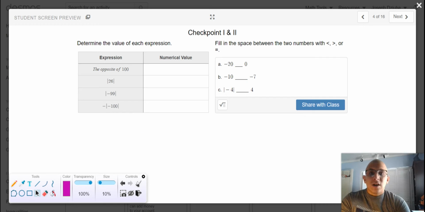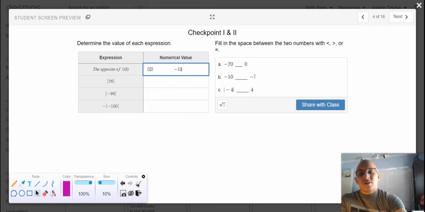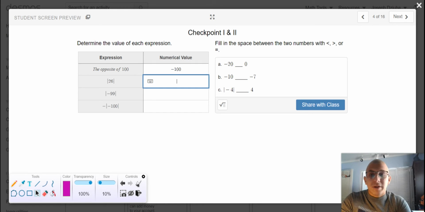So in this slide, checkpoint 1 and 2 determine the value of each expression based on the symbols. We talked about those 2 vertical bars representing the absolute value. So if you're not watching this video, giant L, I'll start with the opposite of 100. A little straightforward, -100. So do me a favor and apply these absolute value symbols.